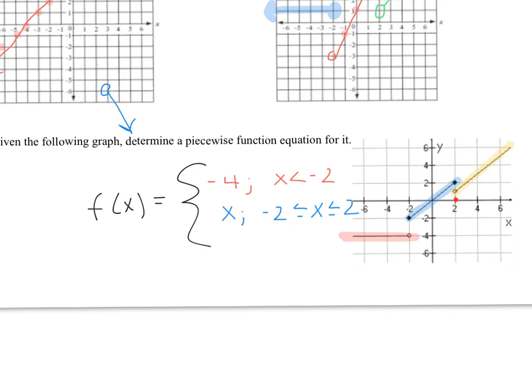So down 1 over 1, down 1 over 1. So my y-intercept is going to be right there, which is negative 1. So I have x minus 1 when my bound x is greater than 2.